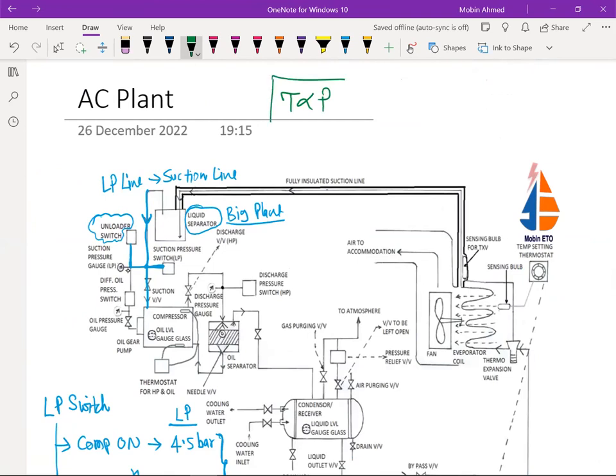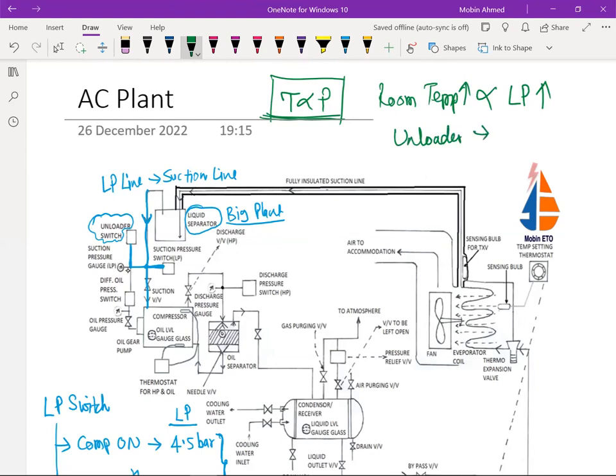Remember this again: when the room temperature rises, the LP, the low pressure, also rises. That means I am going to have this unloader.